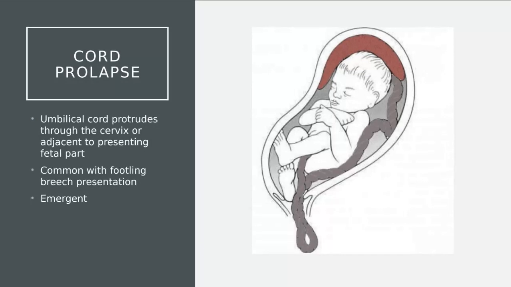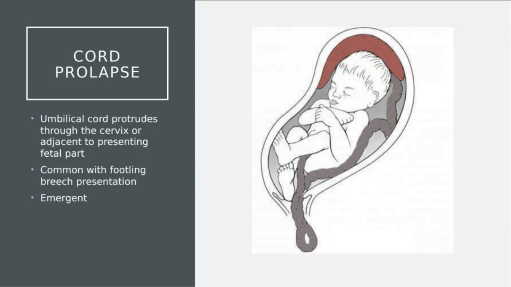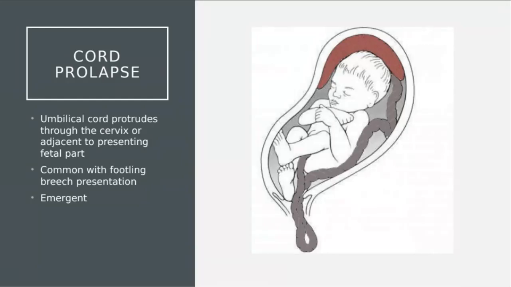Now we have cord prolapse. This is actually more concerning than nuchal cord, and basically it's when the cord comes out first before the baby. So when we see that cord kind of crossing over the cervical os, we need to be concerned for cord prolapse. And basically the cord is just coming out through the cervical canal, and then the baby will follow it.